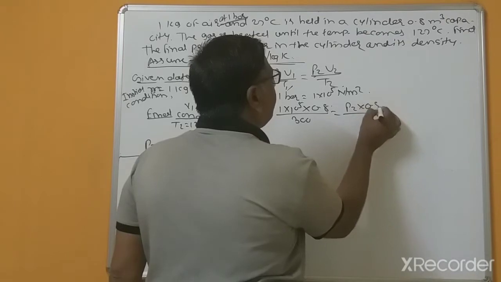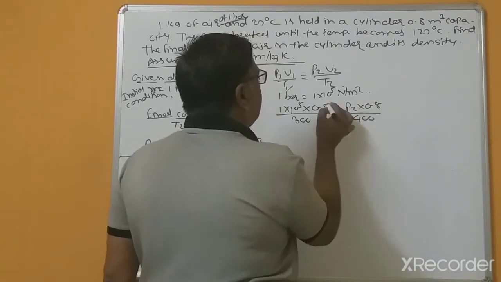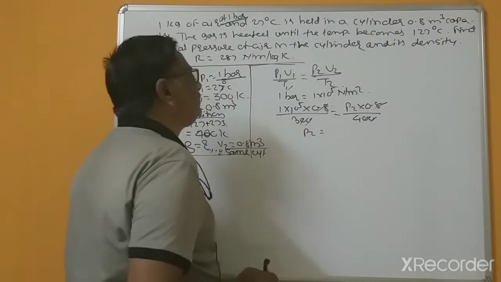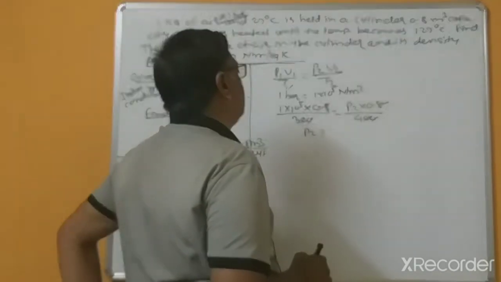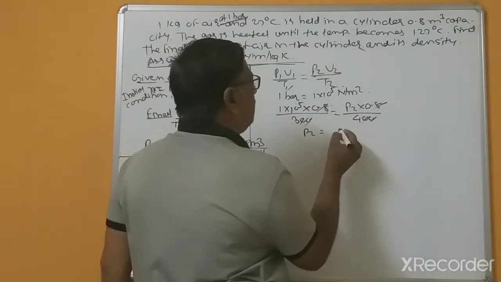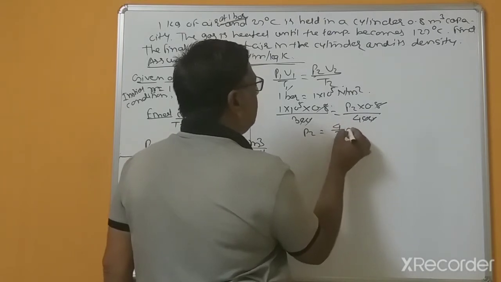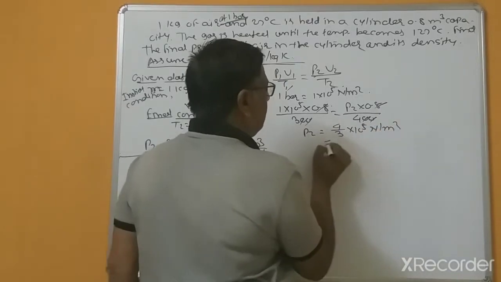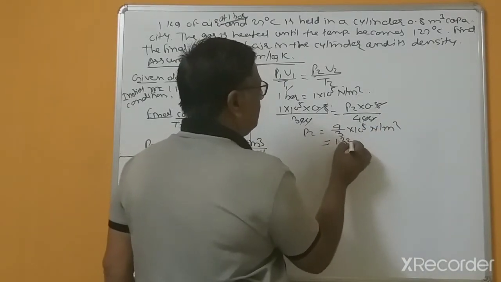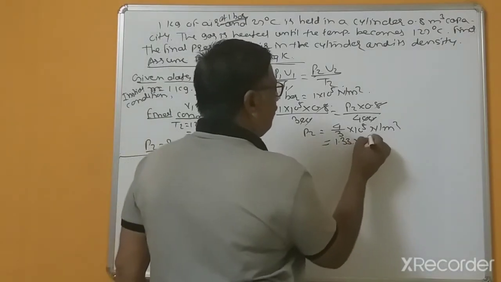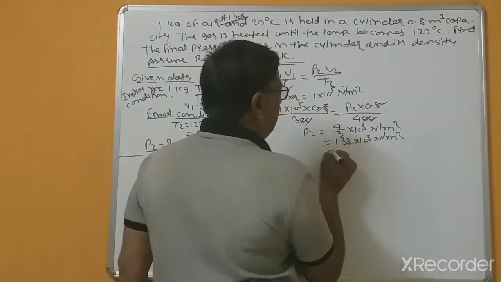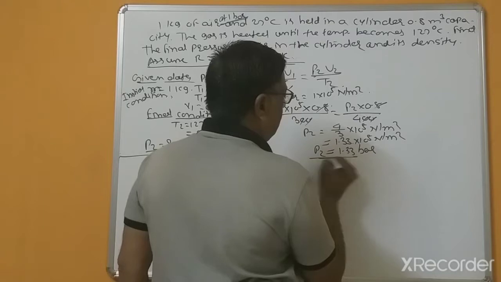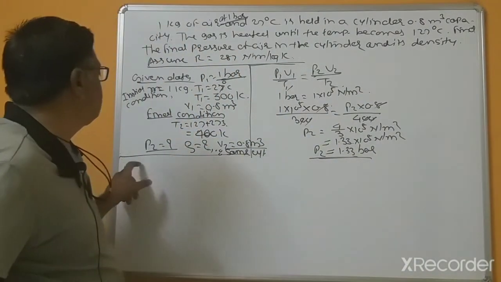V2 is 0.8 and this is 400, so this will get cancelled. P2 equal to 4 by 3 into 10 to the power 5 Newton per meter squared, that is 1.33 into 10 to the power 5 Newton per meter squared, or you can say 1.33 bar. So this is the first bit.